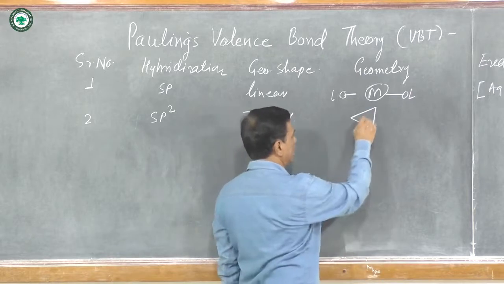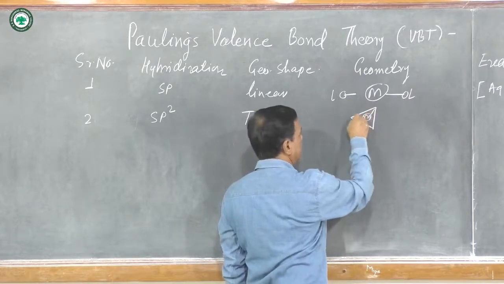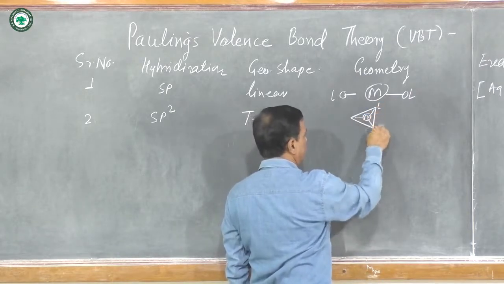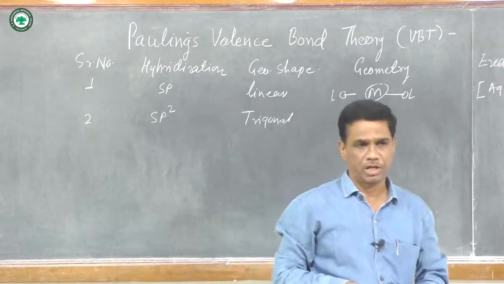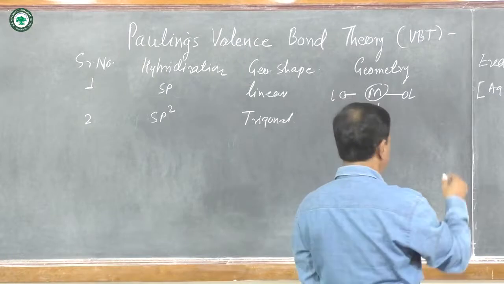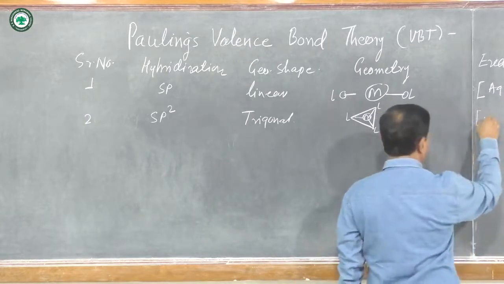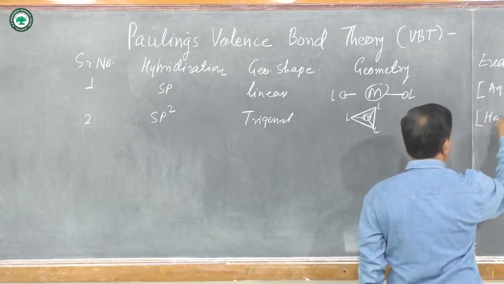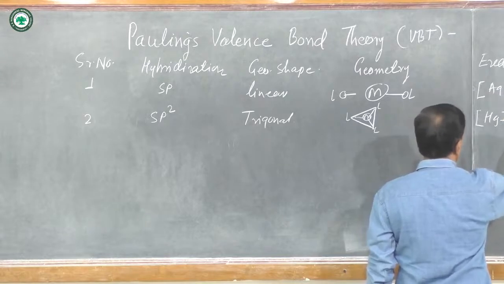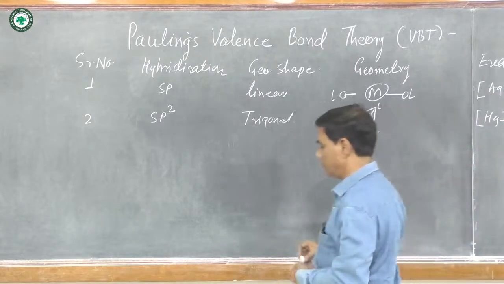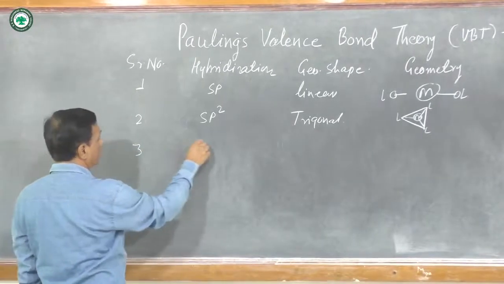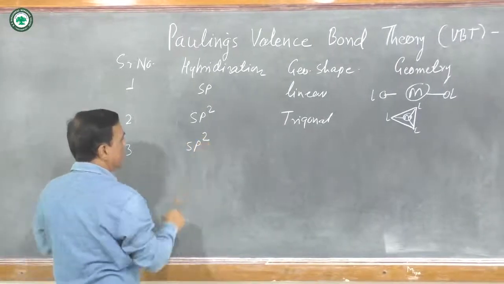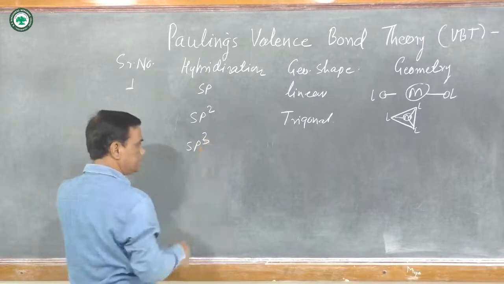In that equilateral triangle, the metal is at the center position and the ligands are at the three regular corners of the triangle. Here the example is suppose there is a formation of HgI3 2-.